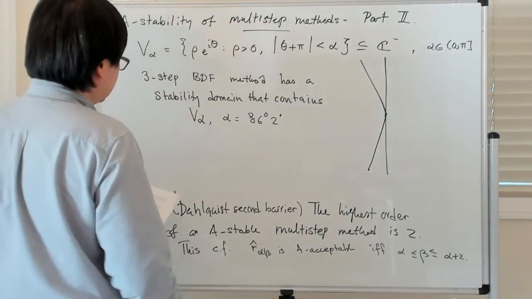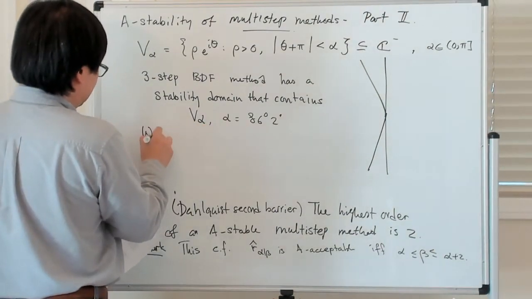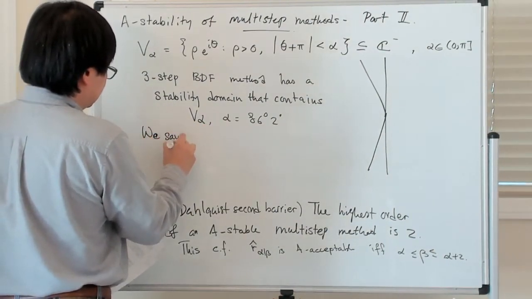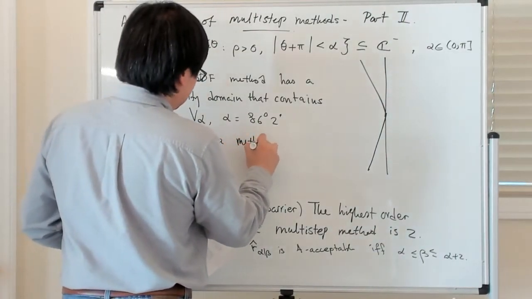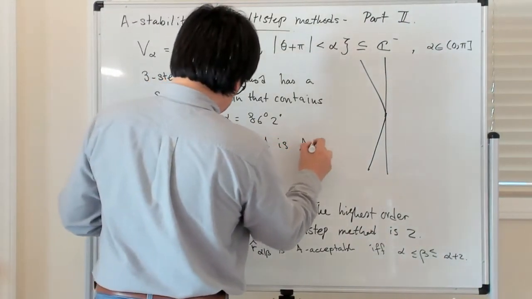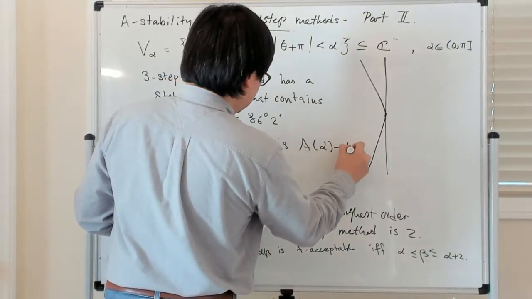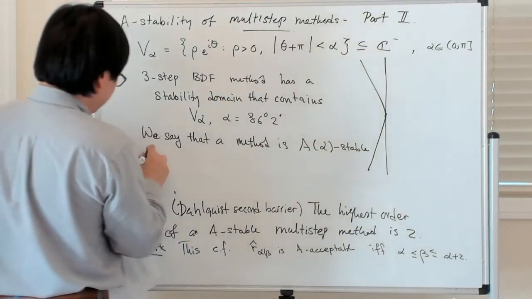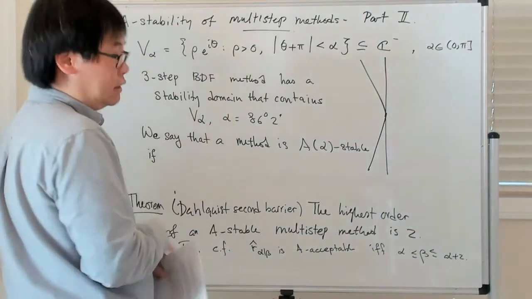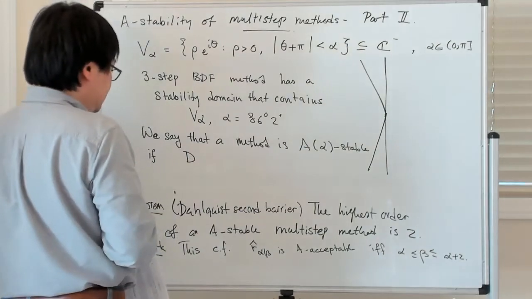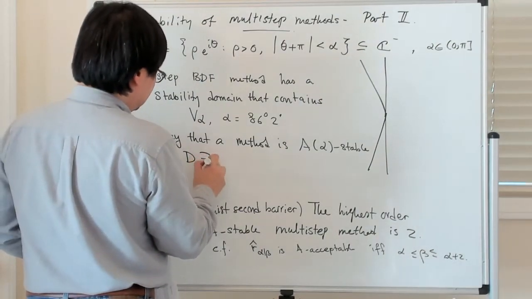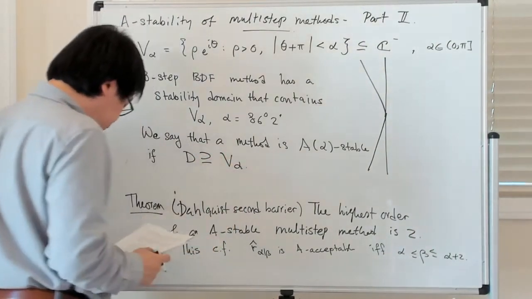All right, so we say that a method is what we call A(alpha)-stable if, instead of containing the full left half plane, the stability domain D contains V alpha.